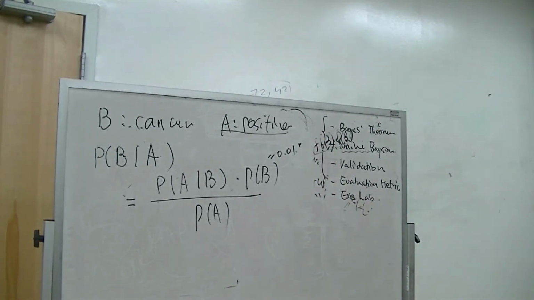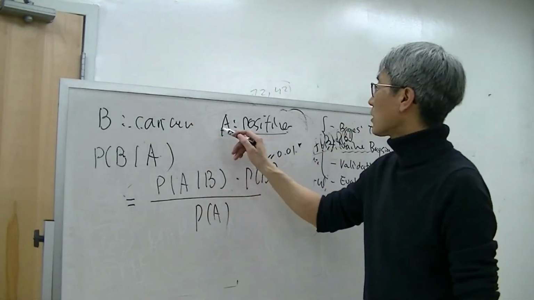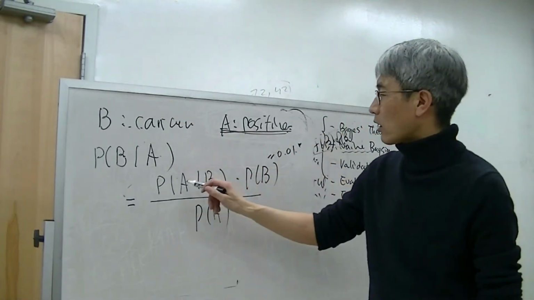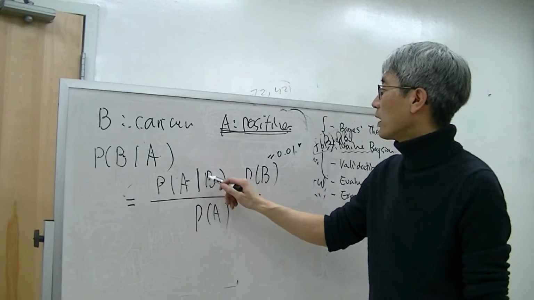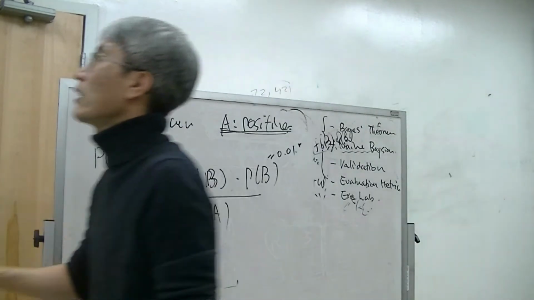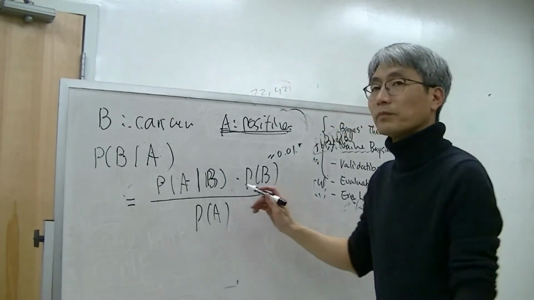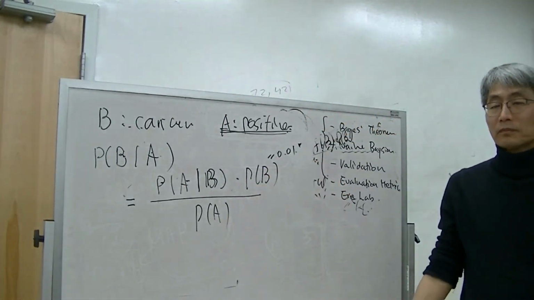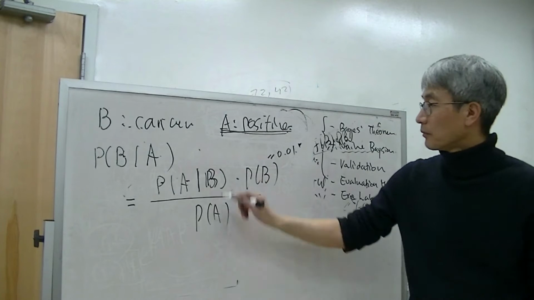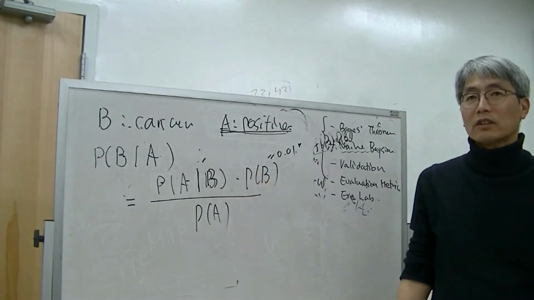The probability of cancer is this one. Then, in the case of B, where B is cancer, what is the probability of A?